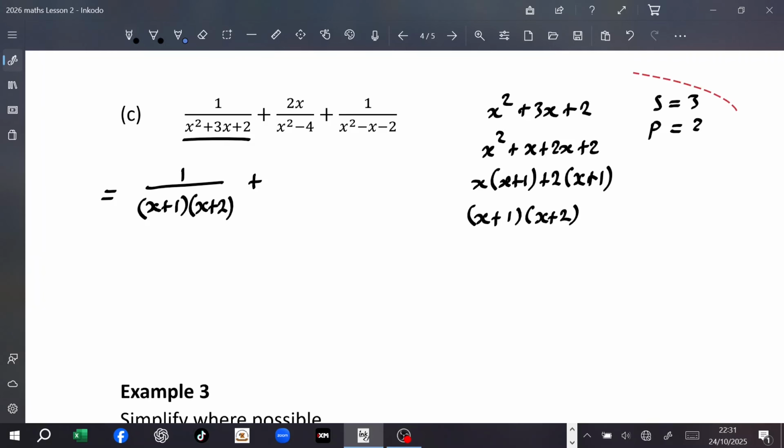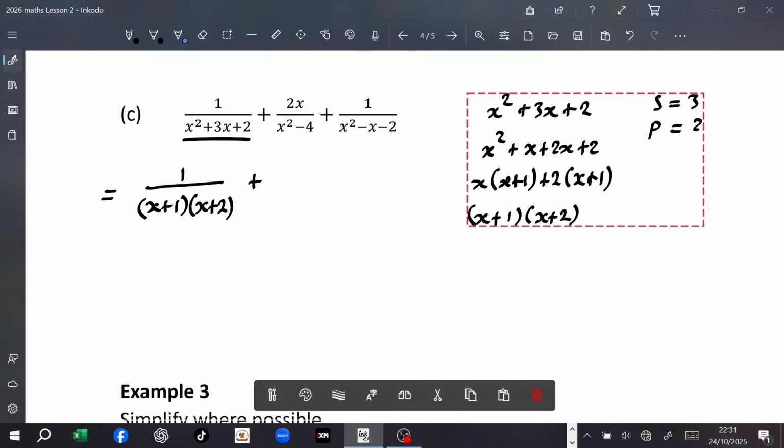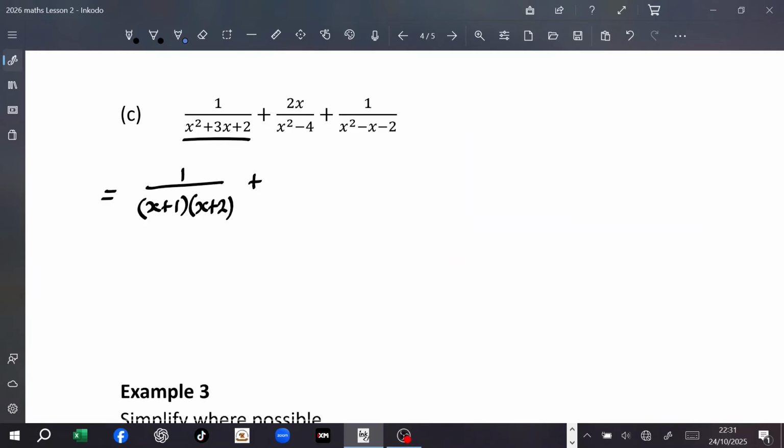So I will remove this one and then use the space to solve this one down here, which is x to the power 2 minus 4, the same as x to the power 2 minus 2 to the power 2, which will give us x plus 2, then x minus 2.